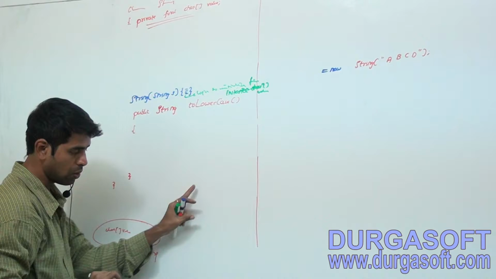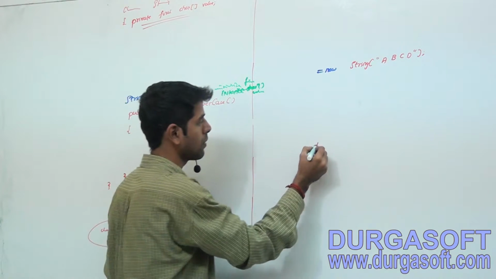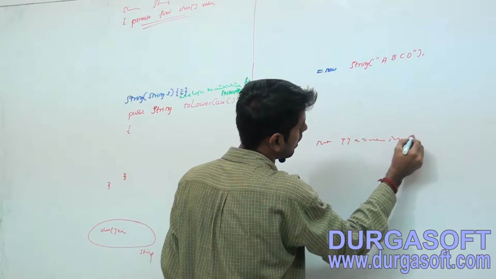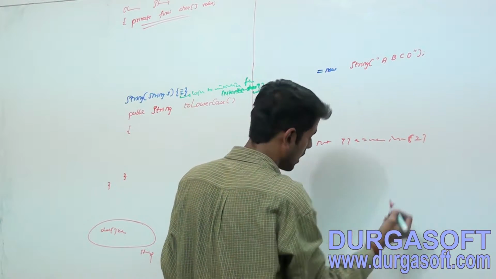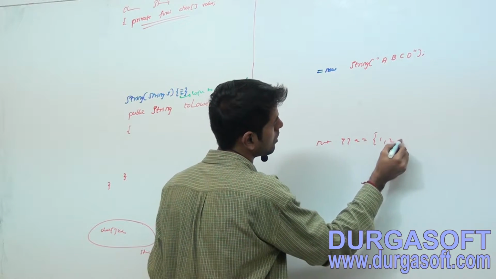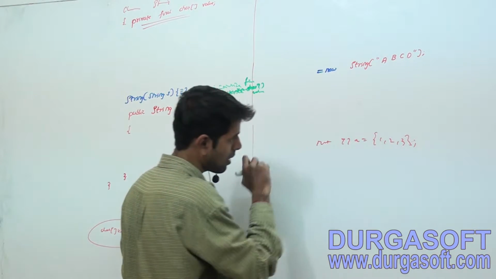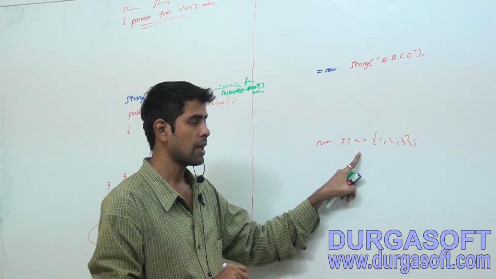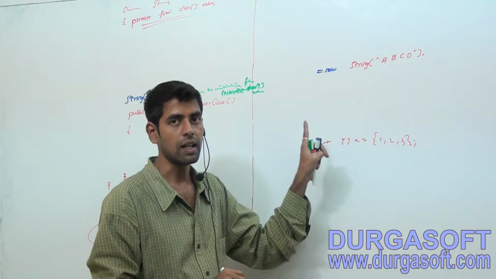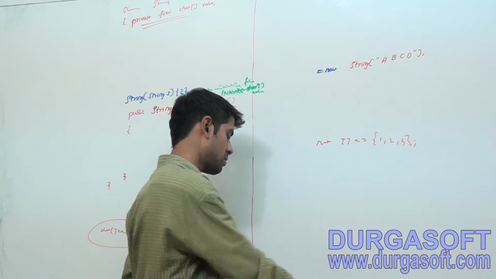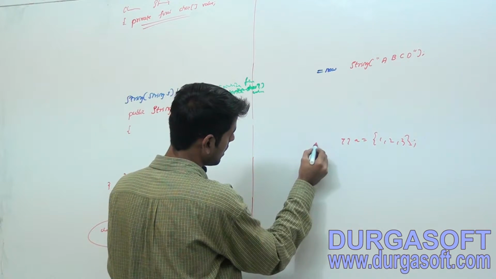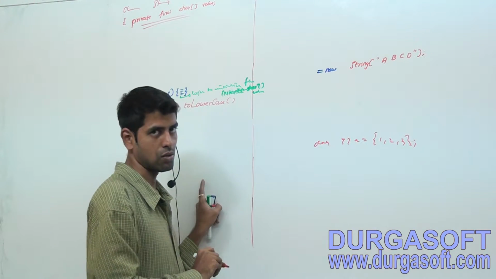I said to you in the earlier session itself, int array a equals new int array of 2, or else I can create the array in which way? 1, 2, 3. Now what is the memory representation for this int array? Or else you can just take char also.